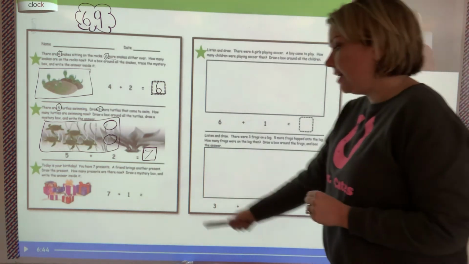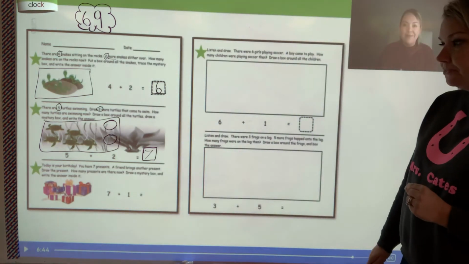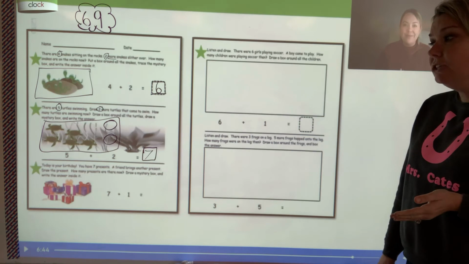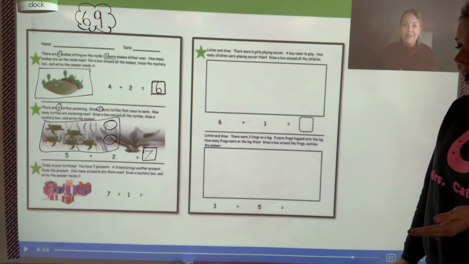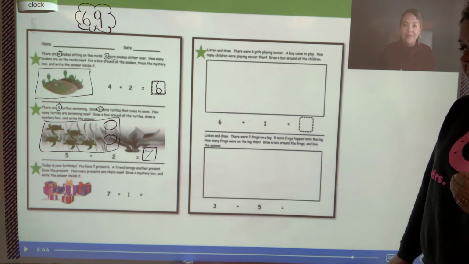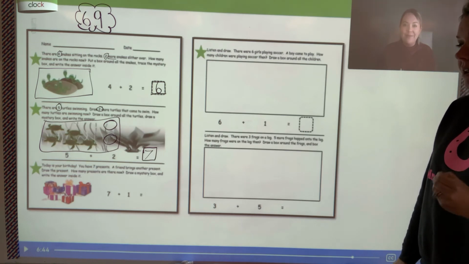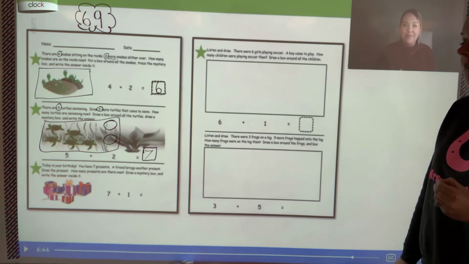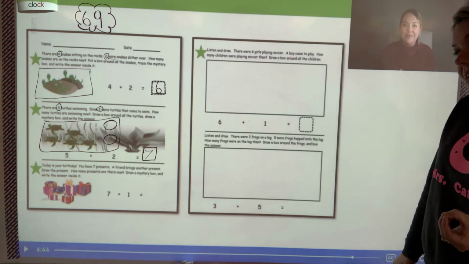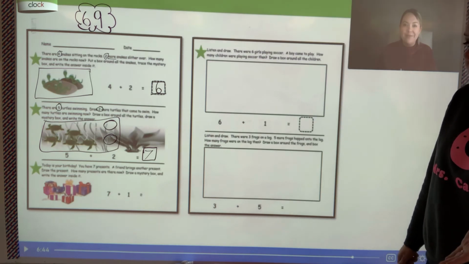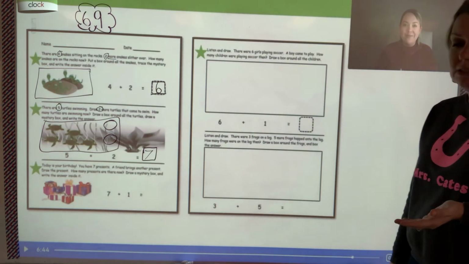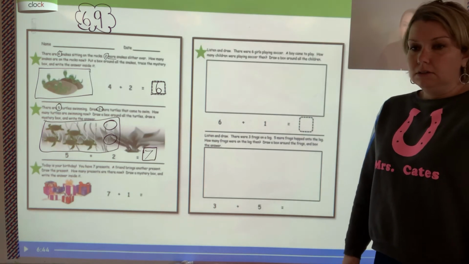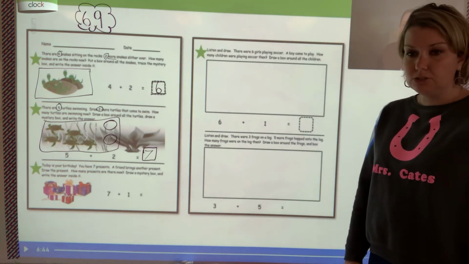Okay. Let's look here at this story problem. Today is your birthday. You have 7 presents. A friend brings another present. Draw the present. How many presents are there now? Draw a mystery box and write the answer inside it. Too much.